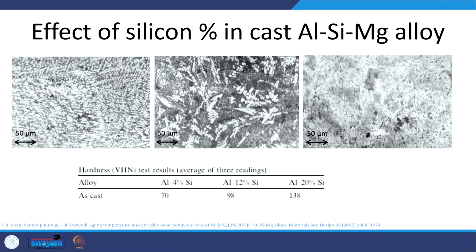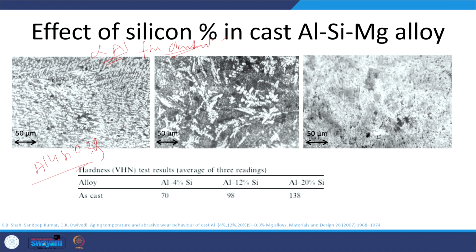So, if we see here the microstructure of aluminum 4% silicon, 0.3% Mg, what does it show? Predominantly alpha aluminum. Okay. So the light color, like white color, is the alpha aluminum. It is very fine dendrites of alpha aluminum.